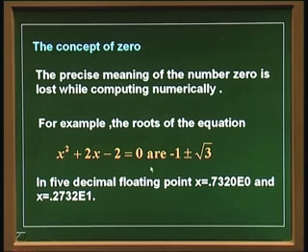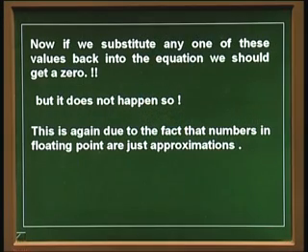Because the 0 on the computer is not the 0 you think it is. It is always actually a finite number. Okay, that's what you should be careful about. So always avoid equating to a 0. Instead of saying a minus b equal to 0, we have to say a minus b less than some epsilon.